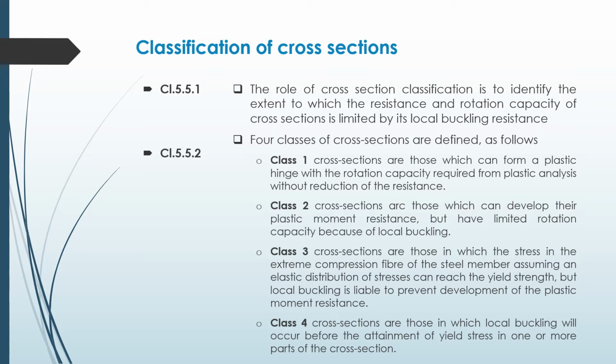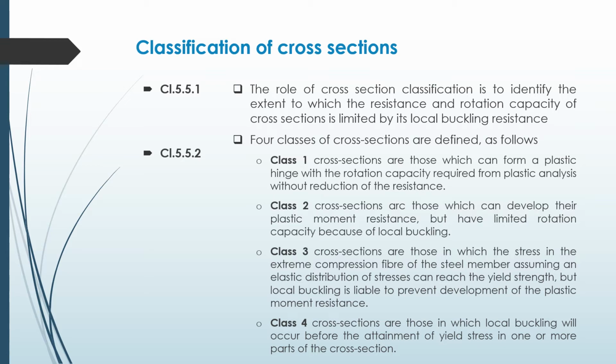Class 3 cross-sections are those in which the stress in the extreme compression fiber of the steel member, assuming an elastic distribution of stresses, can reach the yield strength, but local buckling is liable to prevent the development of the plastic moment of resistance.